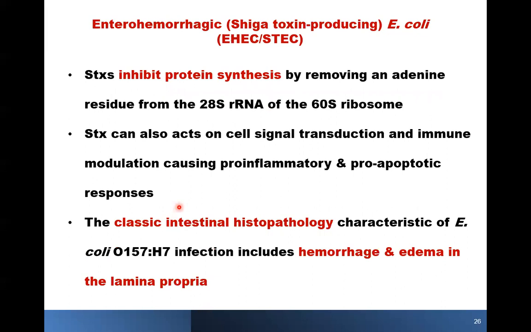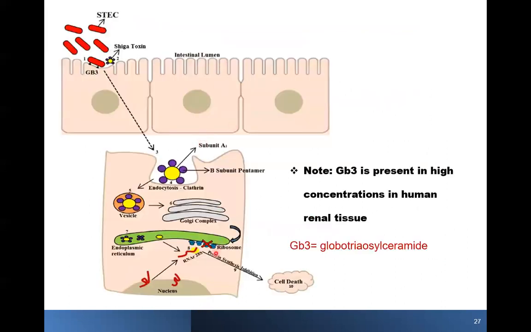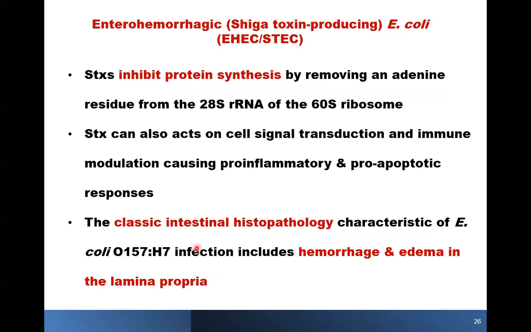And the main mode of action is to inhibit protein synthesis, okay? It does this by removing the adenine residue. The next picture shows this. It removes the adenine residue from the 60S ribosomal subunit in the target cell. The resultant effect is that the cell can no longer synthesize proteins.